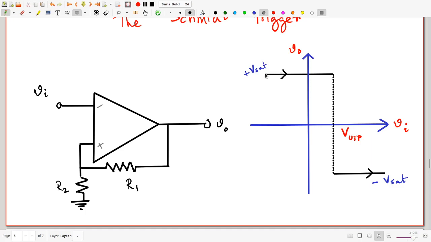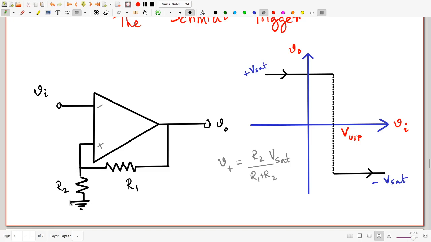Of course, if the output is plus Vsat, what is the voltage here? The voltage V plus is going to be Vsat, the voltage here, plus Vsat, into R2 divided by R1 plus R2. Simply, the output potential VO, in this case plus Vsat, is divided by this series potential division circuit.